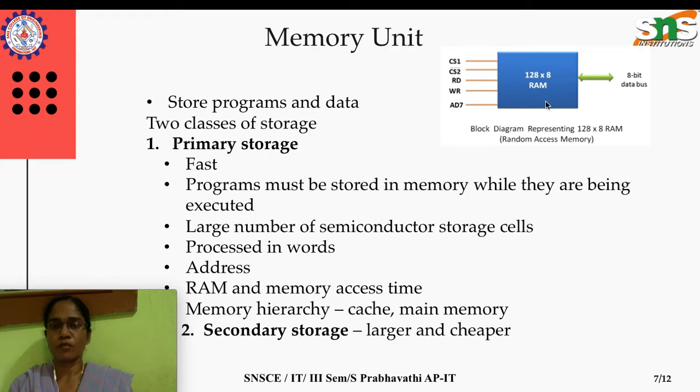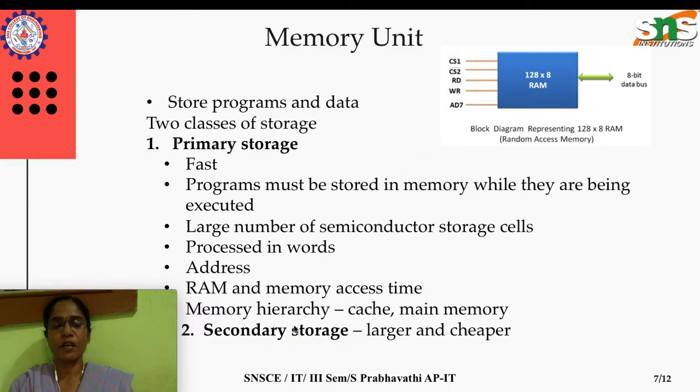To access the information stored inside the memory, we need something called an address. The address is the location where the information is stored. We can fetch it or write it into the memory. RAM is an example of primary memory whose access speed is very high, since it is closely located to the processor.